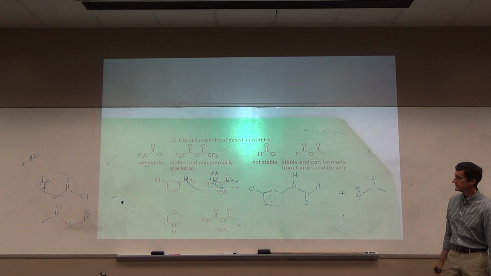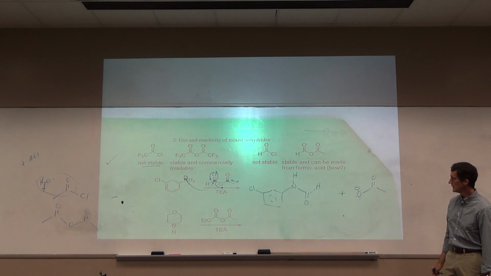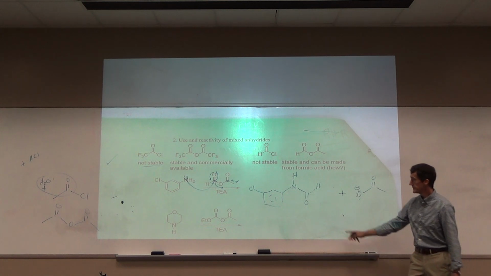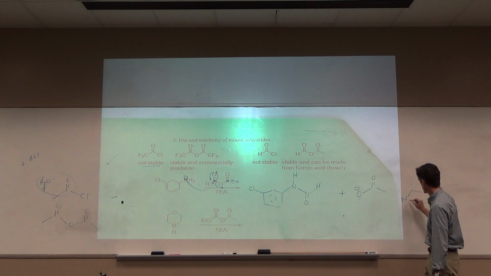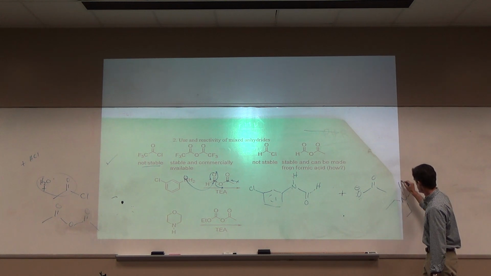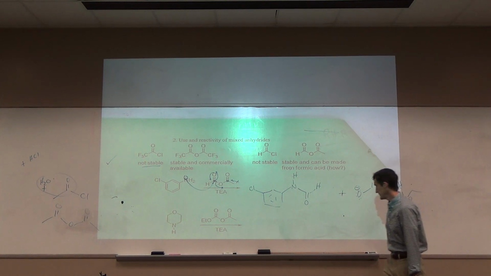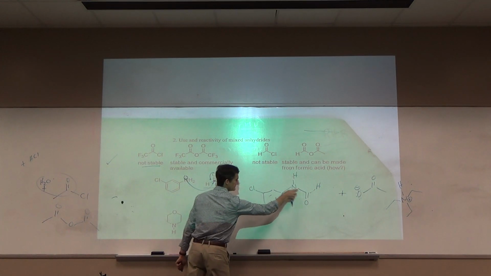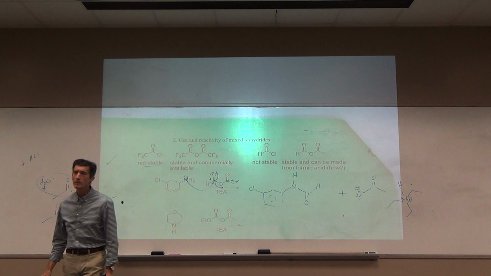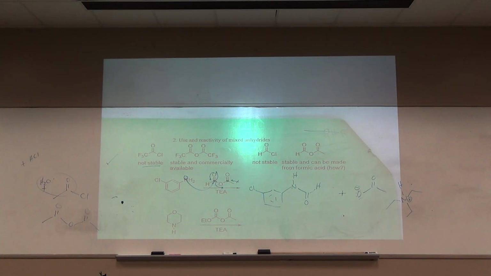Something took the H in your mechanism. Trifluamine, you make that ion pair. We make the amide. That's called a formamide. It's the amide of formic acid. Formamide.